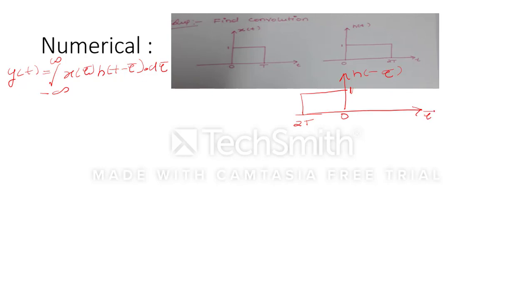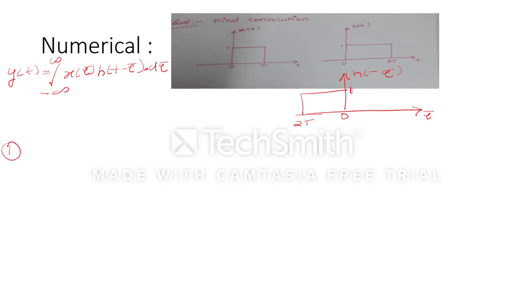Now we know that in convolution we have to find the overlapping area while shifting h(minus tau) by either minus t or plus t. If we shift the h(minus tau) signal to the left side, there will be no overlapping area. So definitely we have to take t positive so that there will be some overlapping area. In this question there will be three conditions of overlapping.